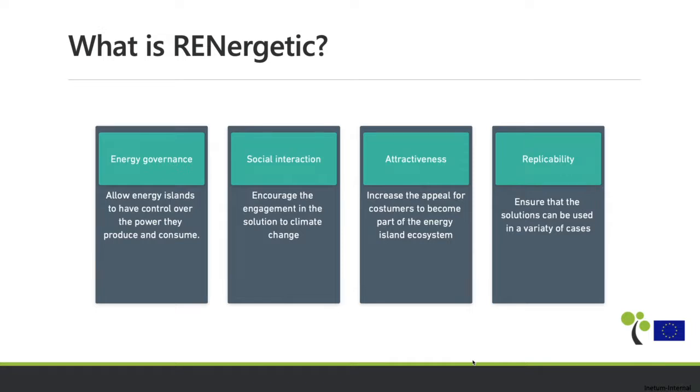We have mainly four areas of work, or four main considerations. The energy governance, trying to give the citizens control over the power that they produce and consume, as I explained before. Also, it's very important, the social interaction.